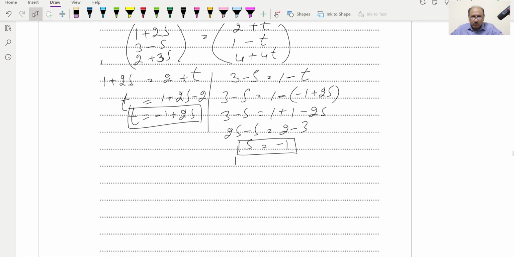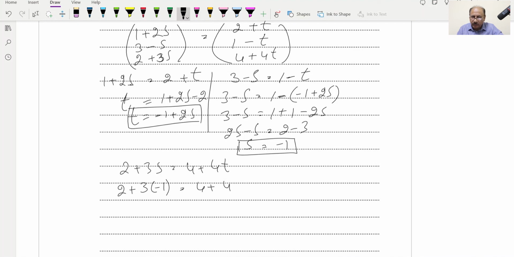Now we will utilize these two values when we compare the third equation. 2 plus 3s is equal to 4 plus 4t, and we will check whether it is satisfied or not. So 2 plus 3 into s, which is minus 1, and this is equal to 4 plus 4 into the t value.